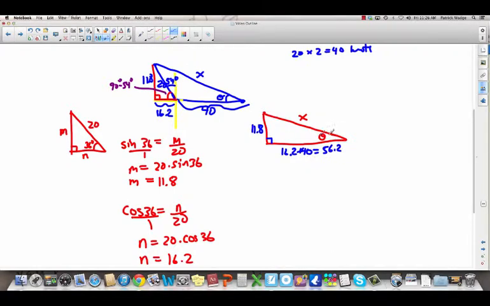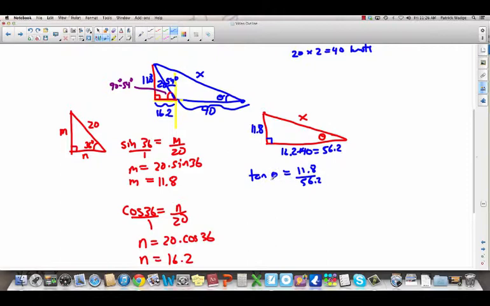Next thing you want to do is, well, you could find out x right now by doing the Pythagorean theorem, or just to show you how you don't need to use the Pythagorean theorem, let's get this angle first. So if we look at this angle, which sides do we know? We know opposite and we know adjacent. That is tan. So tan theta equals 11.8 over 56.2. Now remember, we're finding the angle.